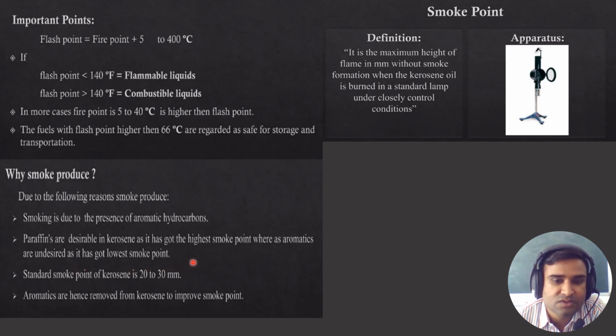Kerosene has the highest amount of aromatics, so that's why kerosene fuel is taken to measure the smoke point. The standard smoke point of kerosene is 20 to 30 millimeters, and aromatics are removed from the kerosene to improve the smoke point. For all fuels it is necessary to improve the smoke point so that there is less production of smoke.